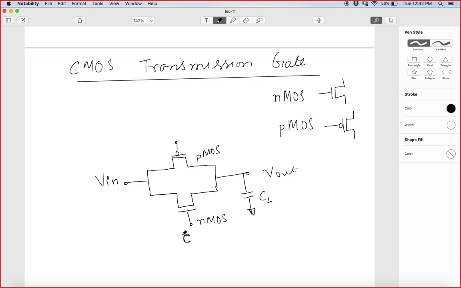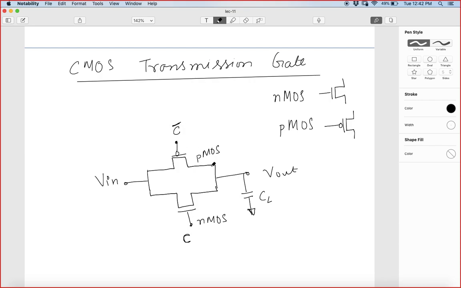Now if I apply a control voltage C here, controlling this one, I need to apply the opposite, C bar, on the other. If I want to turn on the NMOS, we know we give the gate voltage as VDD, and to turn on the PMOS, I should give C bar, or 0 volt.